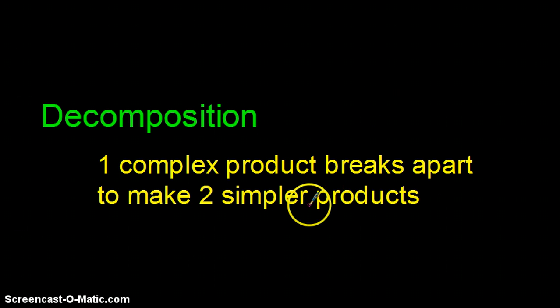And this would be just the opposite. So if we were writing it in my AB terms, it would be molecule AB yields A plus B. So in this case, they separate. They break down into two simpler individual substances.